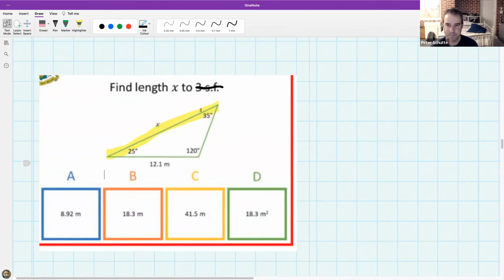Over to you guys. The fact that there's not a 90-degree angle in sight does not scare you now because you know the power of the sine rule. Let's see what you can do.